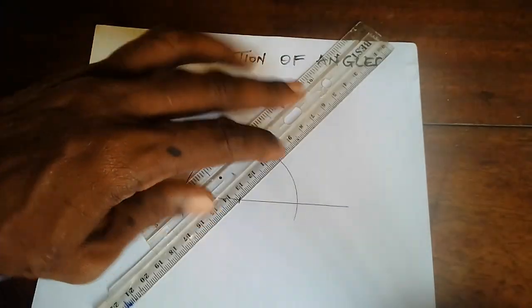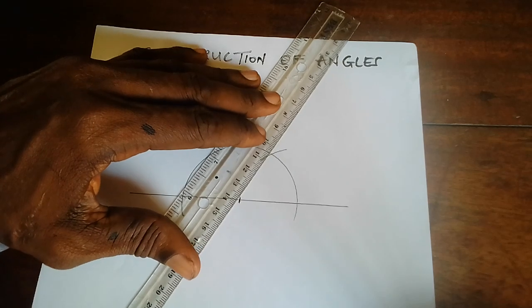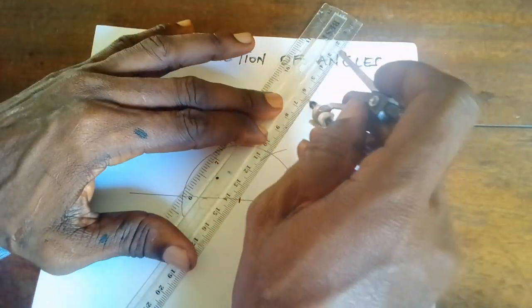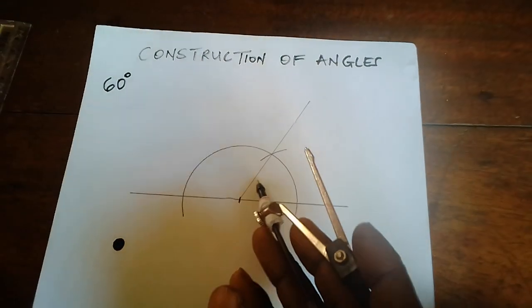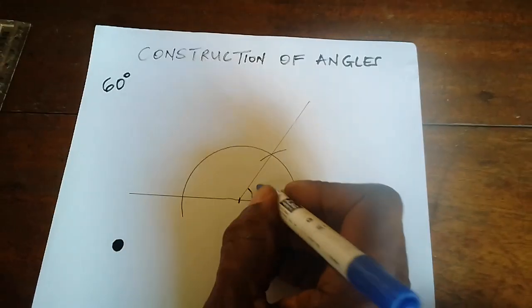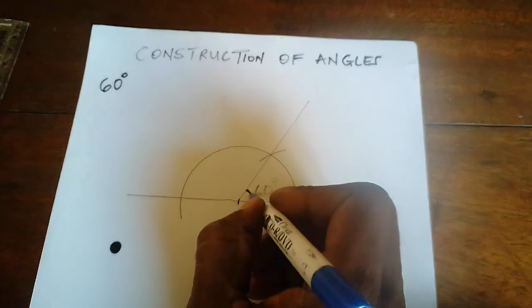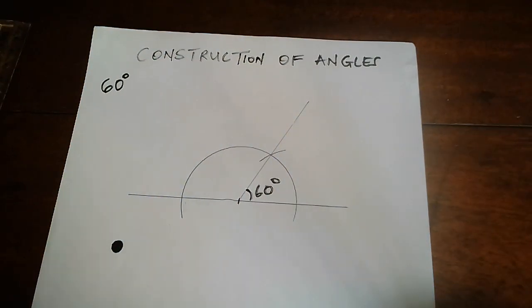If you measure this particular angle using your protractor, you realize it will give you angle 60 degrees.